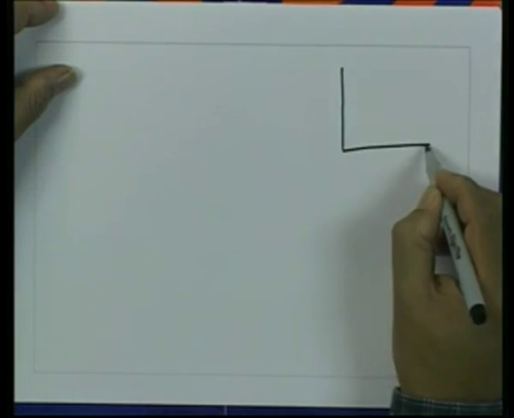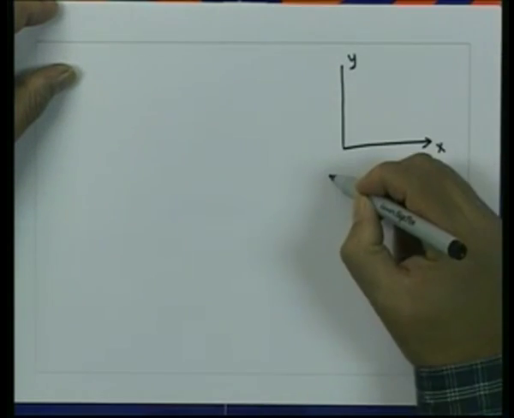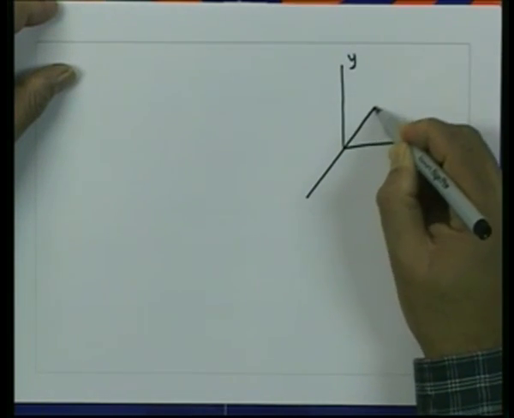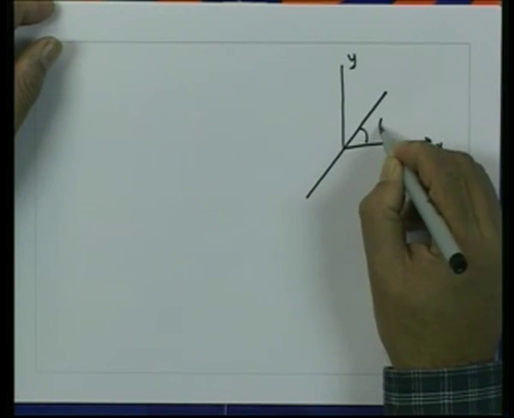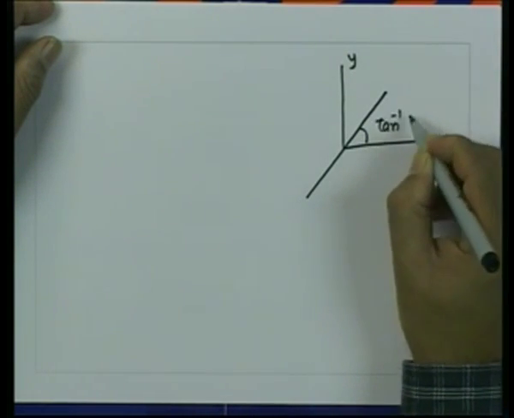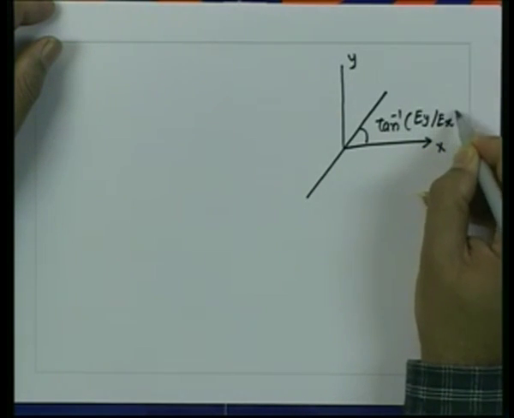So, if I consider an xy plane, this is x, this is y, a linearly polarized wave will look like that, and this angle would be nothing but tan inverse of E y upon E x.